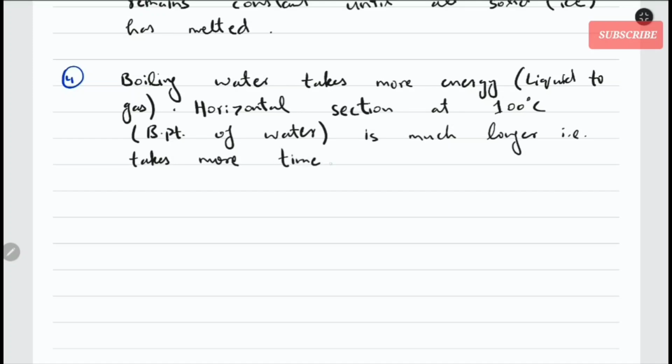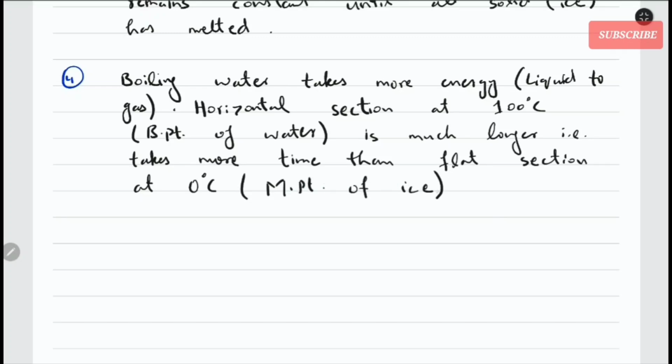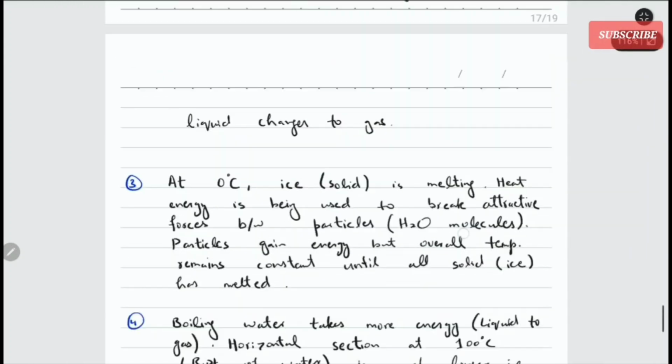More time means more energy, in comparison to the flat section or the horizontal section at 0 degrees Celsius, which is basically the melting point of ice, right? So from there you can get an idea.